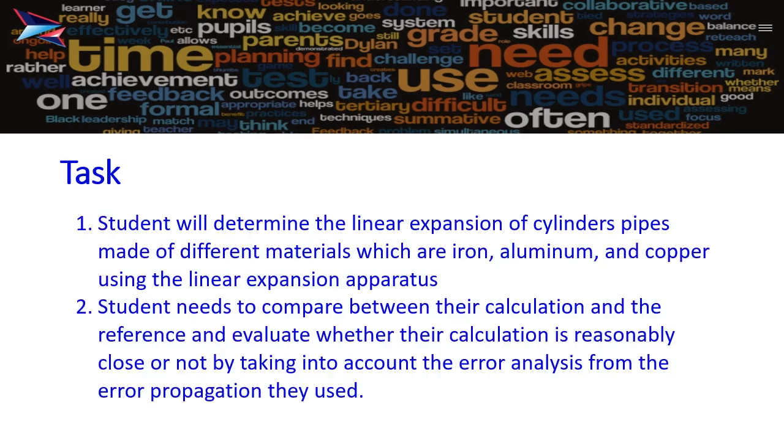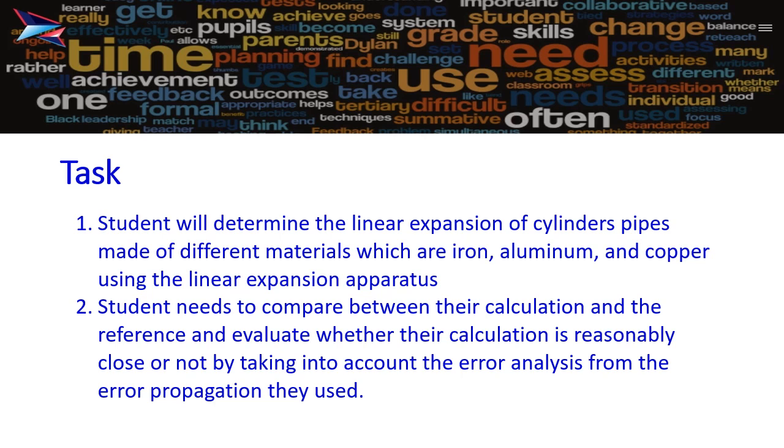The tasks for the students in this experiment. First of all, the student will calculate the linear expansion coefficients for the cylinder pipes made of different materials, which are iron or steel, aluminum, and copper, using the linear expansion apparatus and the linear expansion equations from fundamental physics.